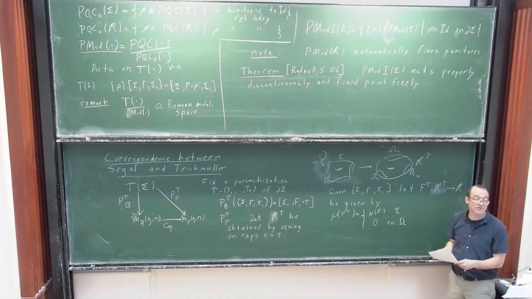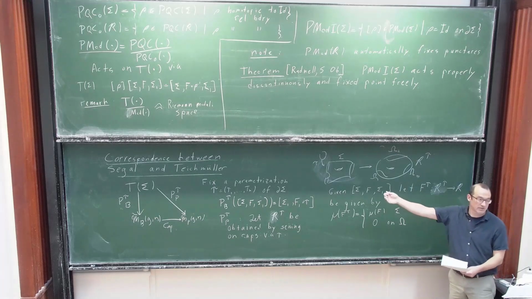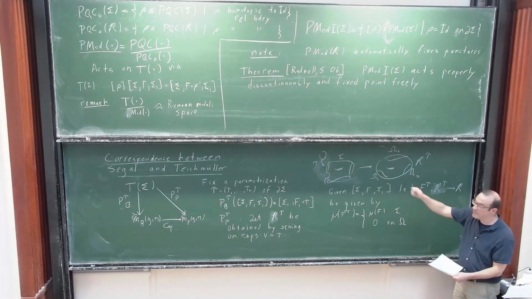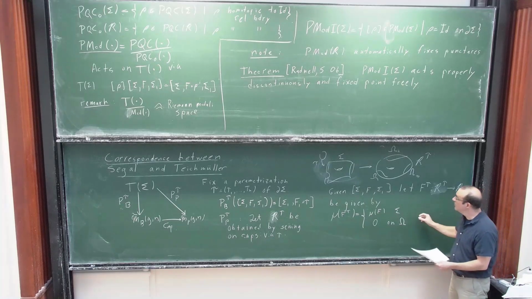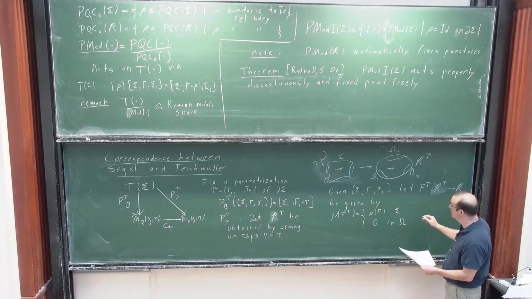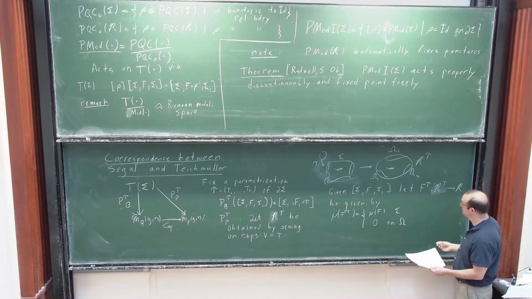So just like the Bers trick, now you have a quasi-conformal mapping on the entire surface, and when you restrict to the caps, we have a new deformation.